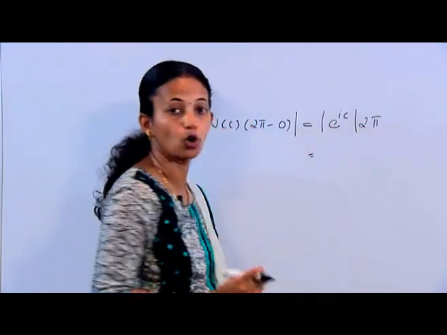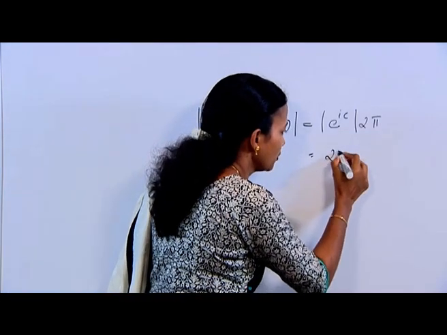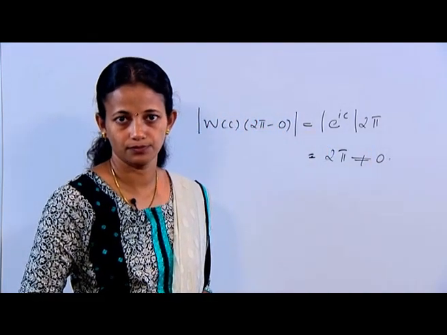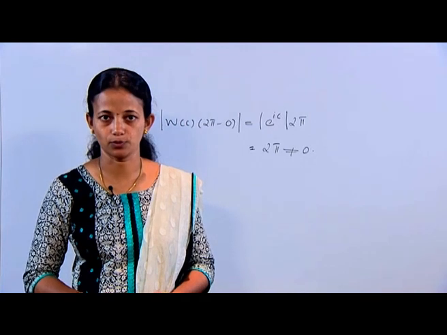We know modulus of e raised to i c is 1. So, this is equal to 2 pi, but we know this is not equal to 0. Thus, W of c into 2 pi minus 0 is not 0.